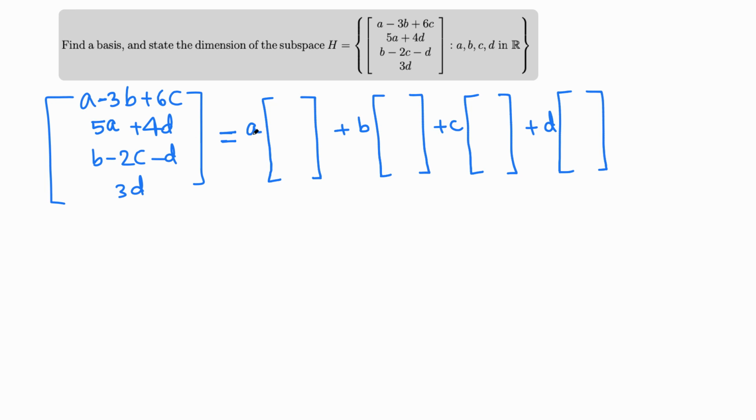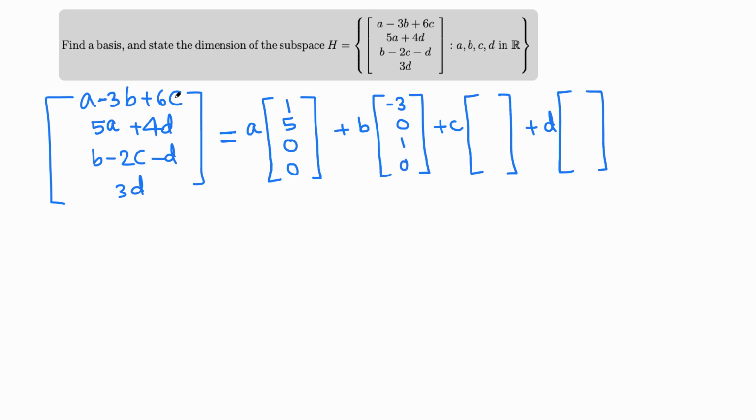So if I take A out from each component, then I have the following vector. A means 1A, 1, 5A, no A means 0, no A means 0. B, here is negative 3B, so negative 3, there is no B, 1B is 1, no B, 0.